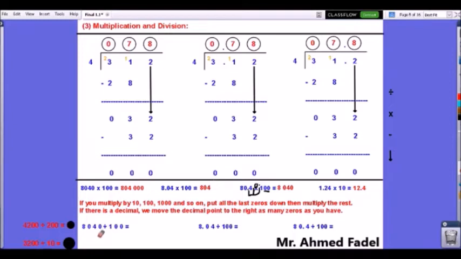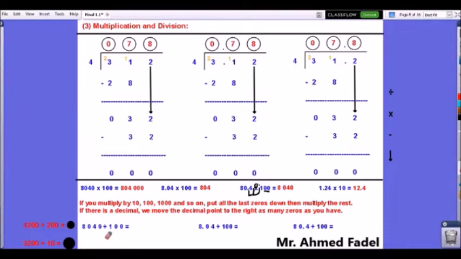Oh, but Mr. Ahmed, here I don't have any decimals. Do you remember when we said that any whole number in the world that doesn't have a decimal in front of you actually has a decimal, but it's invisible? 8040 is actually 8040.0. So as if there is a point here at the end of the number, as if this is 8040 point.